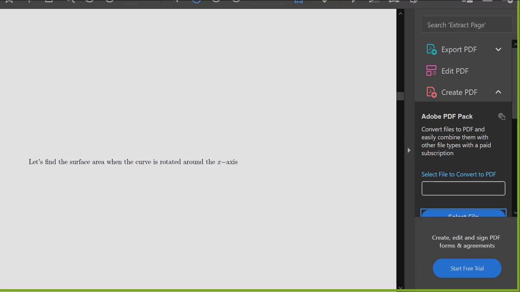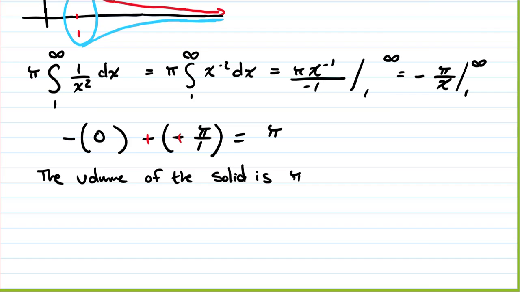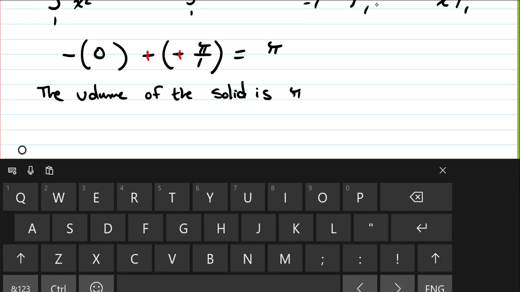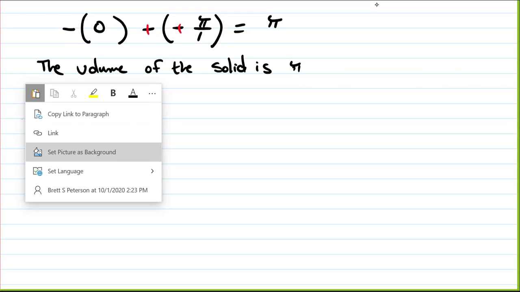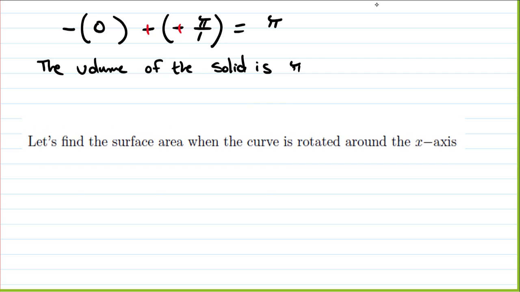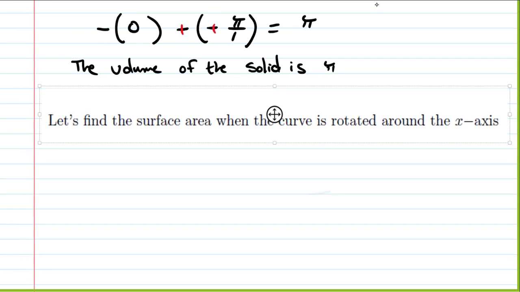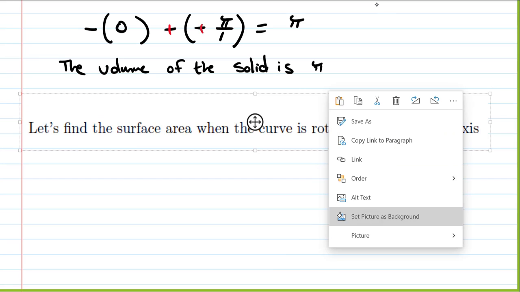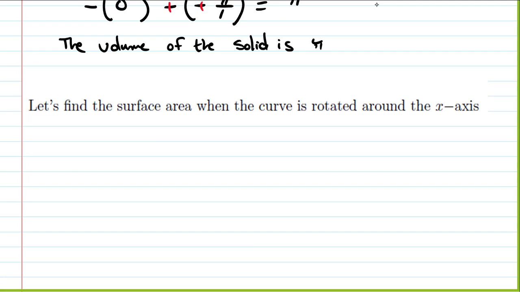Let's find the surface area of the same function. So our surface area is the integral from 1 to infinity of y times the square root of 1 plus y prime squared dx.